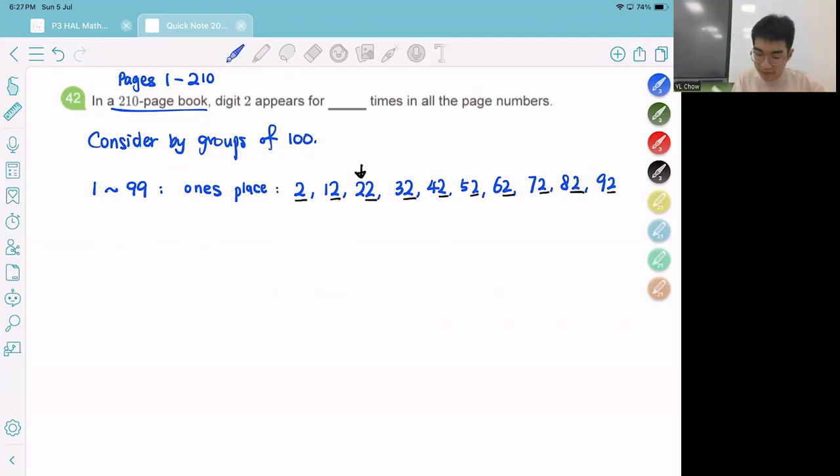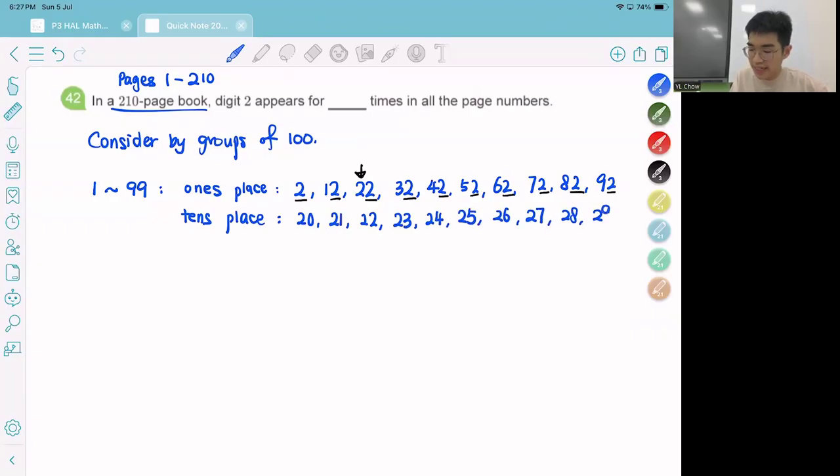So the next case is 2 appearing in the tens place. How many times does the 2 appear in the tens place? We have to think about 20-something. The first one is 20, then 21, 22, 23, 24, 25, 26, 27, 28, 29.